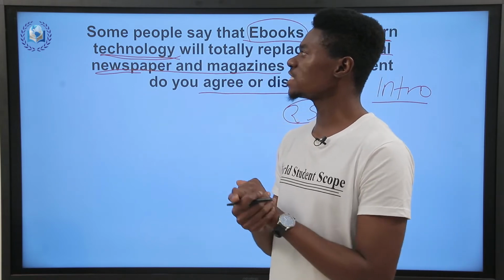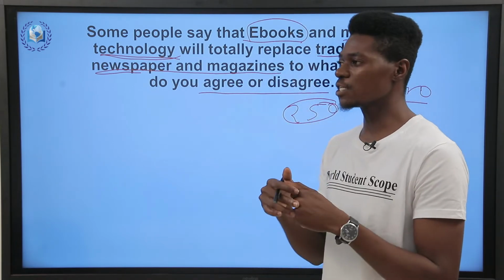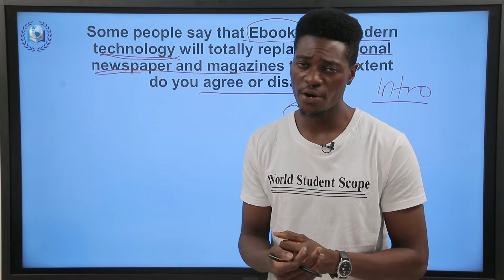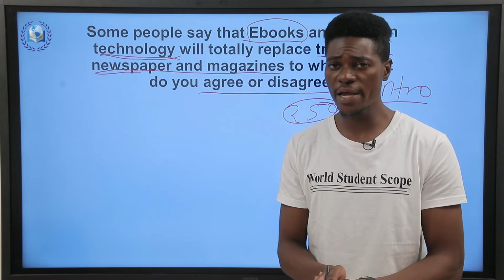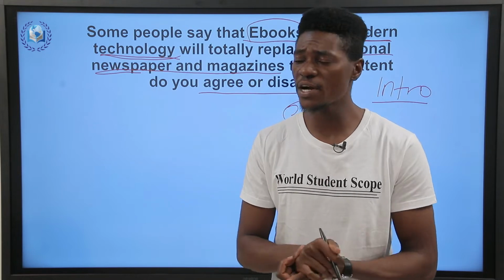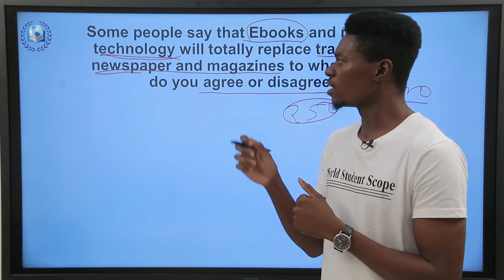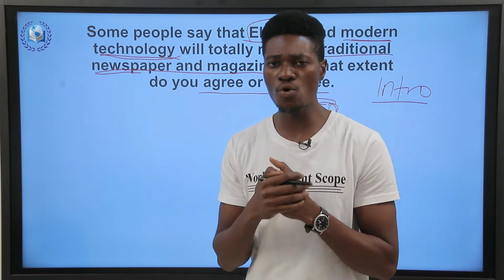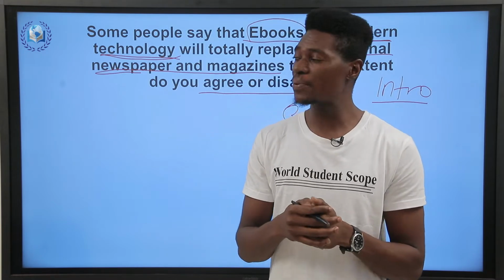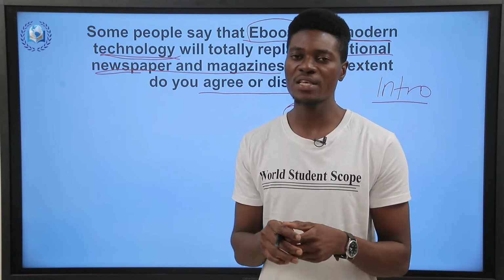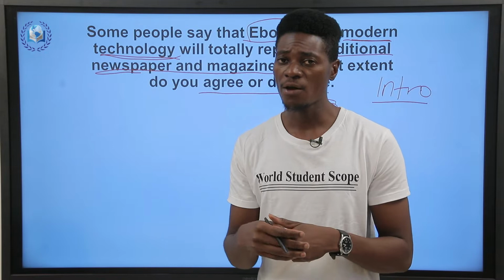So the question is about, some people say e-books, that means internet books, the books we read from different online platforms, will reach a time when they replace the real original copies. That means the physical book which you carry by your own hand and the books which are made from paper.